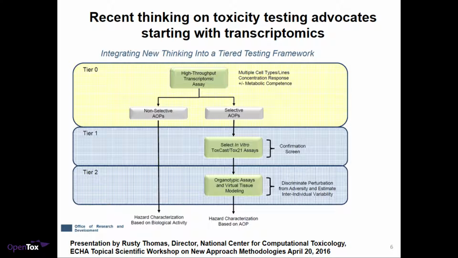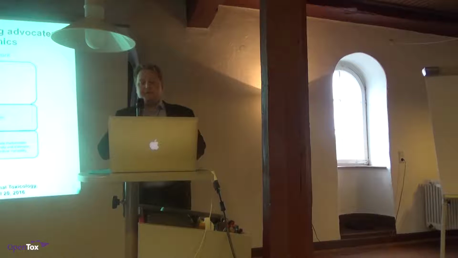Then, depending on the outcome of the assay, you design further experiments, for instance, experiments that test certain modes of action or key events in more detail using assays which are maybe more predictive or use very sophisticated cellular models which you might not be able to use for everything otherwise.